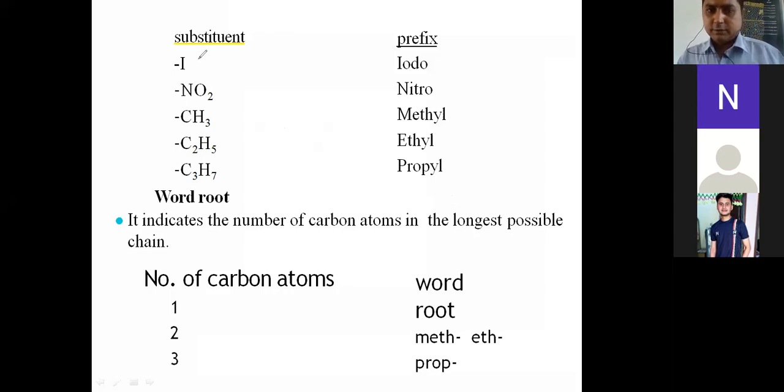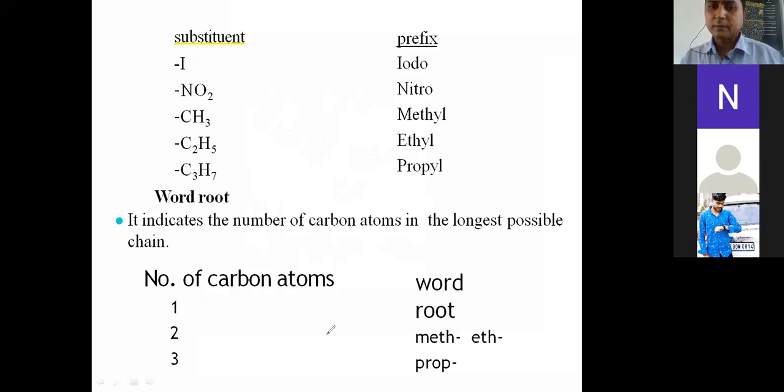So these are the substitutions like iodo, nitro, methyl, ethyl, and propyl. These are the prefix. Then the word root gives the number of carbons. If there is 1 carbon, as in methane, it is meth; number 2 is eth; number 3 is prop. These are the word roots. Clear, students?